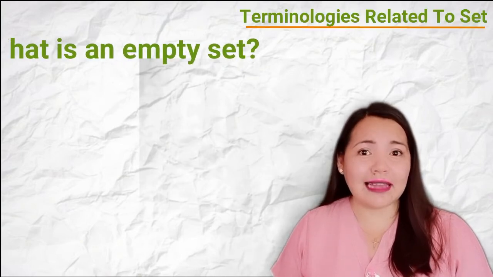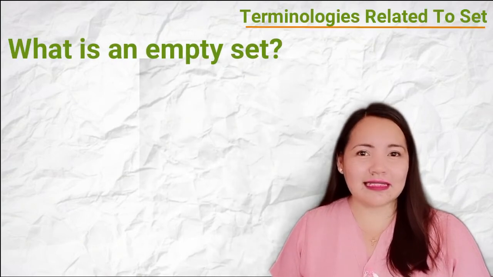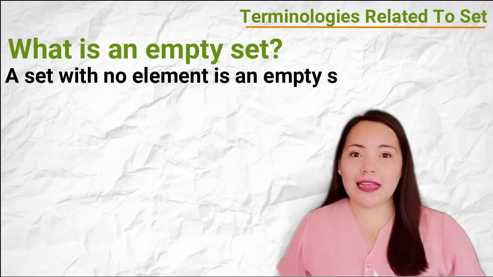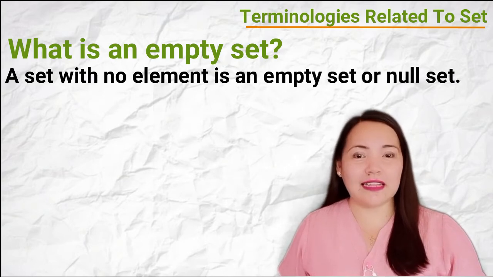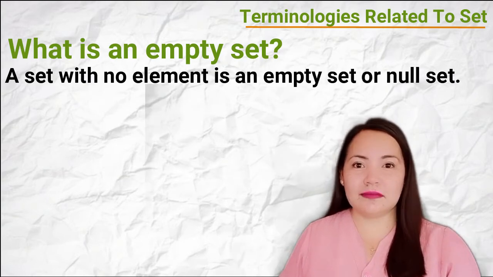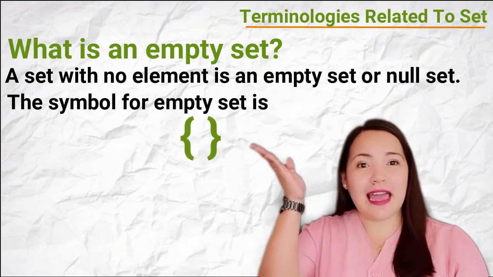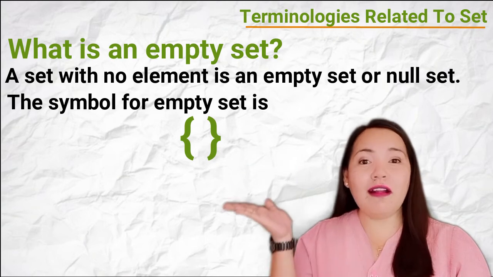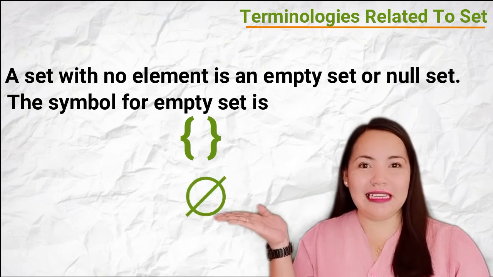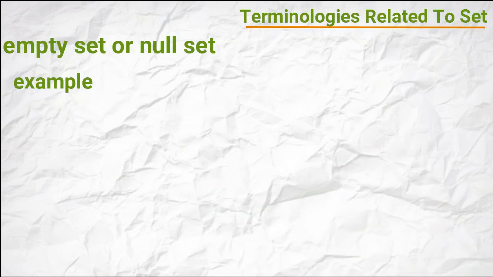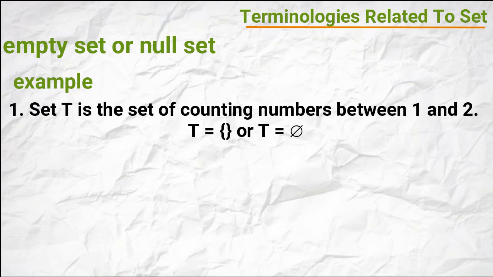But look! What is an empty set? A set with no element is an empty set or null set. The symbol for the empty set is empty braces or phi. Observe the examples given. Set T is a set of counting numbers between 1 and 2.